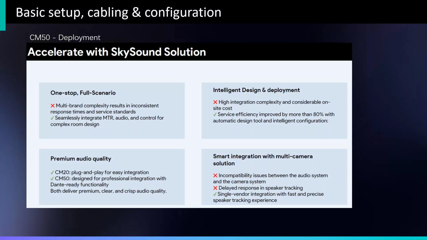When we have firmware updates, it's most likely going to continue to work, not that we have different manufacturers that have different firmware releases that all of a sudden stop working with each other. Premium audio quality with plug and play for easy integration. We can use also professional setups, more complicated setups there.